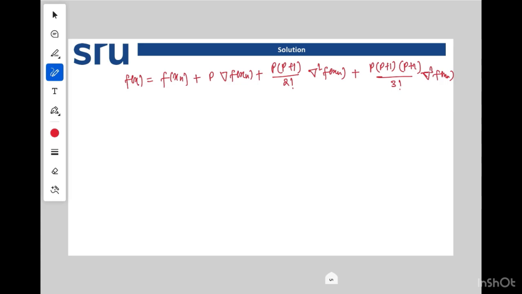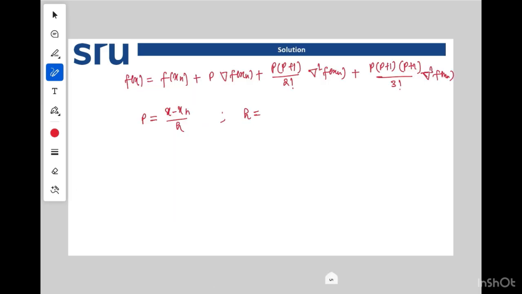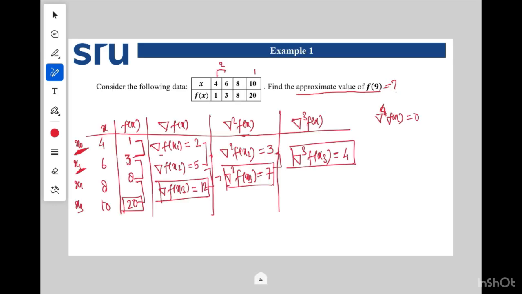Now what is p? P is given by x minus xn divided by h. What is h here? H is the distance between two data points, and the distance between these data points is 2, so h is 2. What is xn? Xn is the last value of your table, which is 10.